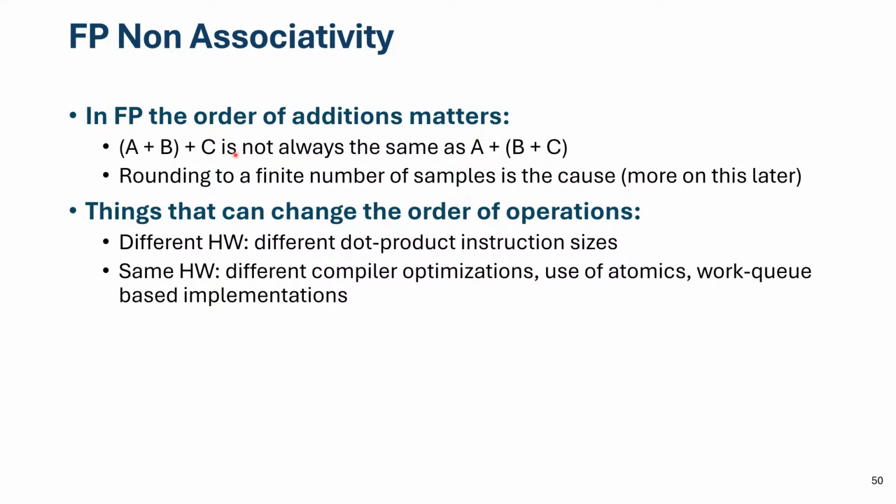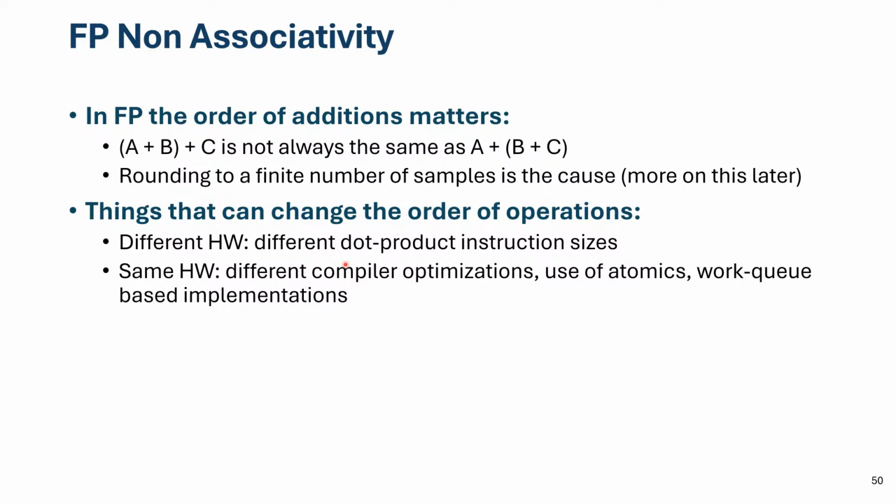So, things can change the order of these operations. If every time you did A plus B plus C your results would be purely deterministic, you see these things come up in deterministic training or even deterministic inference discussions. If you change hardware, you will get different dot product instruction sizes, and that does change the order of operations when you think about the summation.